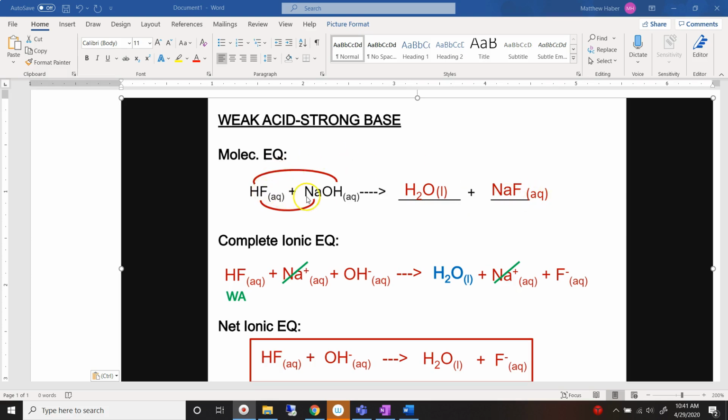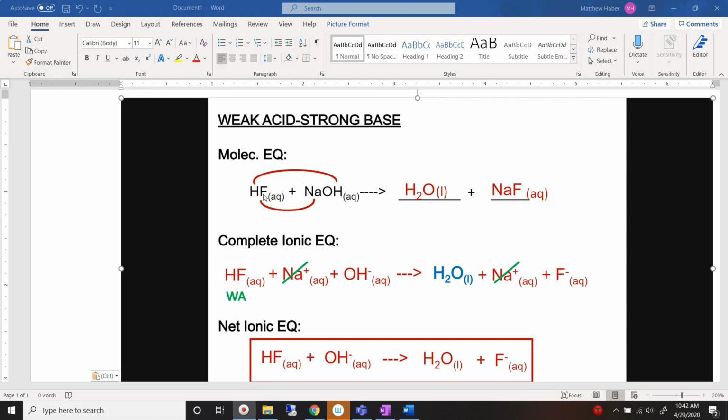Now, for a strong base, we know it dissociates completely into ions, so we can see it broken apart into its ion form. Water, because it's liquid, stays the same, and the product NaF also gets broken apart. But if you notice, HF, which has the state symbol aq, did not get dissociated in water.